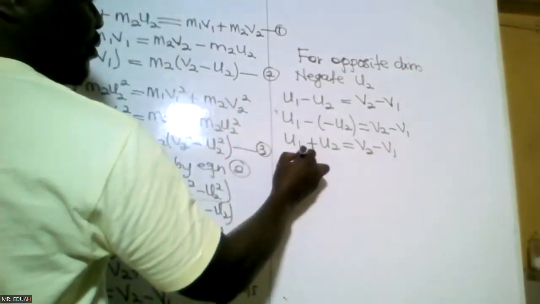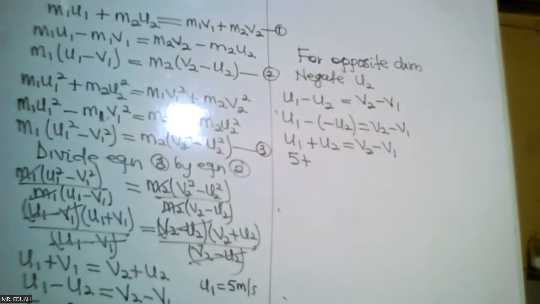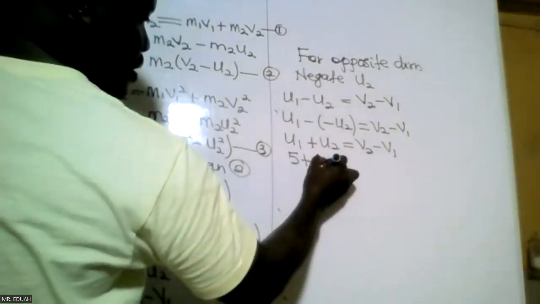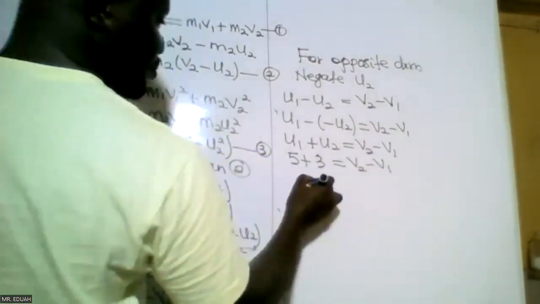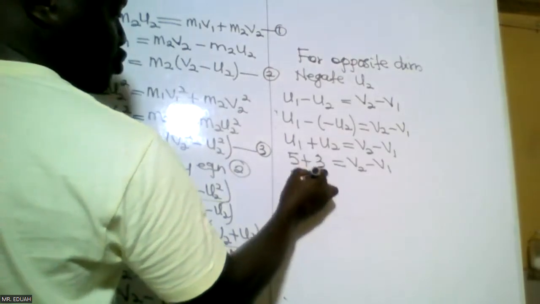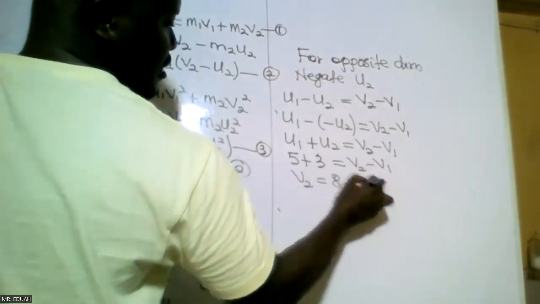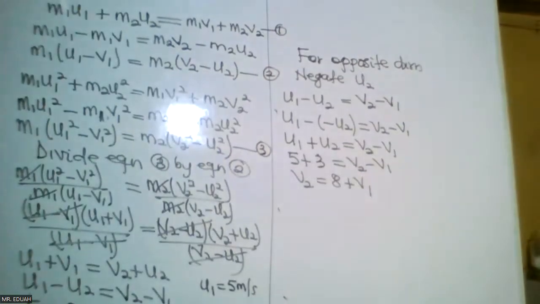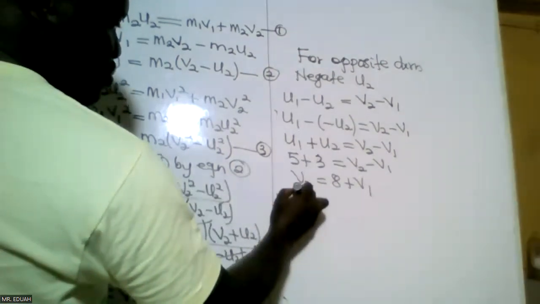So 5 plus 3 is equal to V2 minus V1. Therefore, V2 is equal to 8 plus V1. Then you use any of the equations, either momentum or the other.